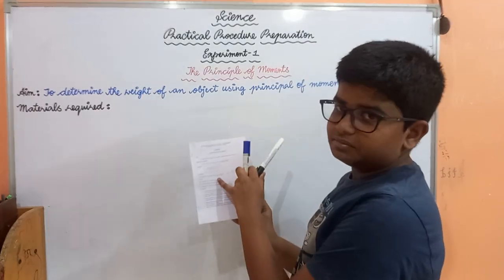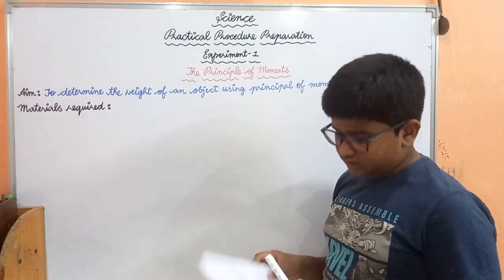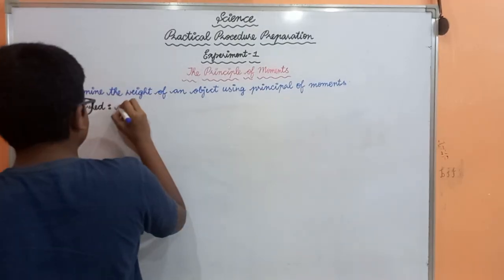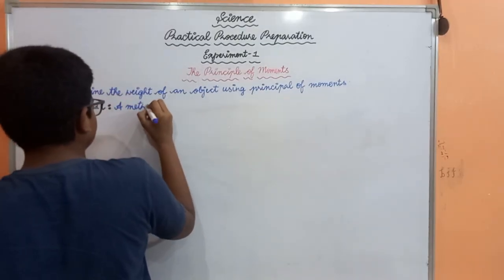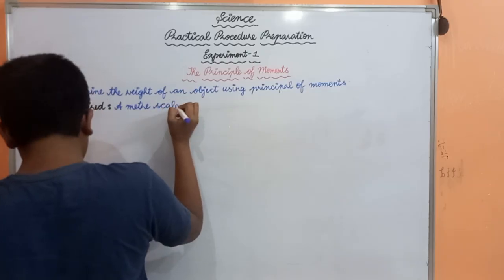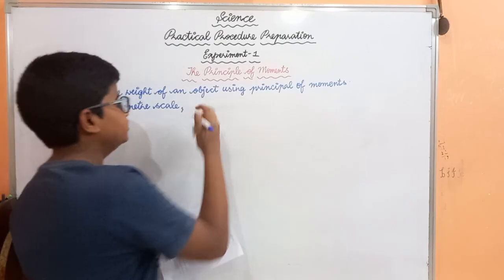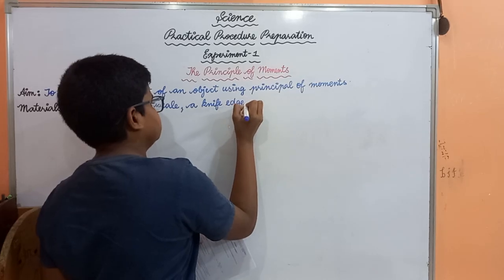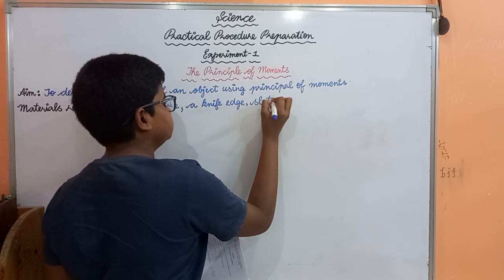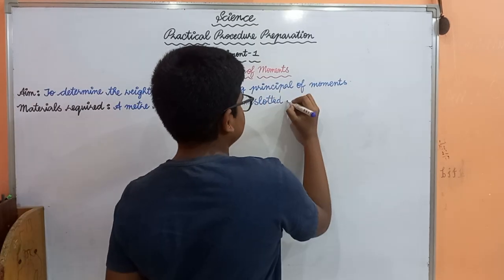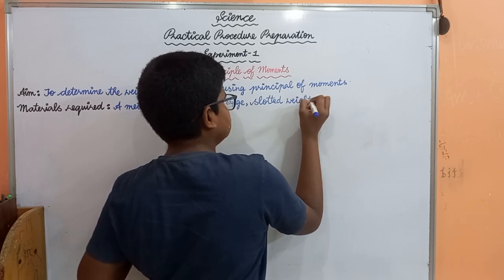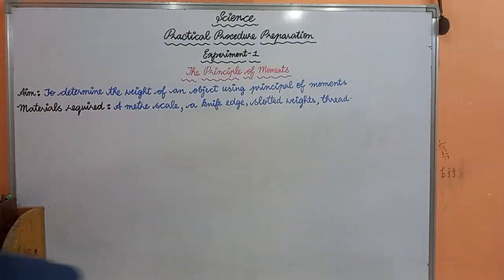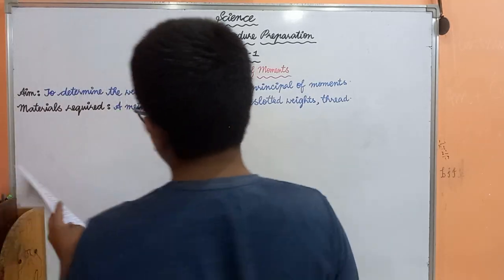This is the diagram given in my manual, and it says a meter scale, of course, and then a knife edge to balance the meter scale, some slotted weights, and thread. This is the aim and materials required.